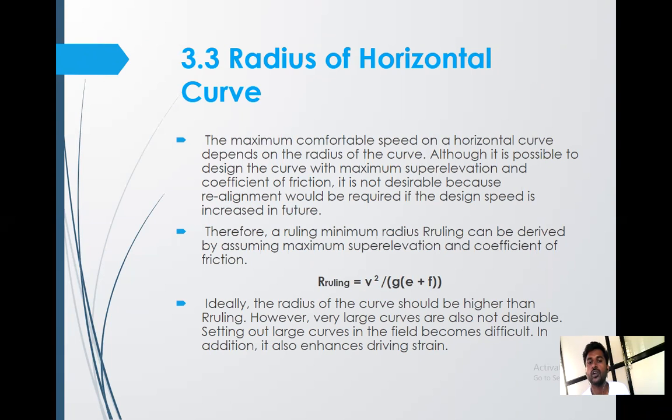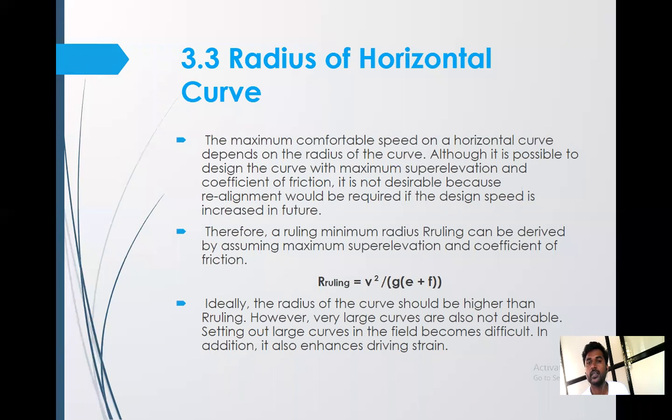But if we go for the redesign or realignment of that road in the future for the change or increase in the design speed, at that time it is not desirable. So therefore, a ruling minimum radius can be derived by assuming the maximum super elevation and coefficient of friction. So for that, we have to design the ruling radius.